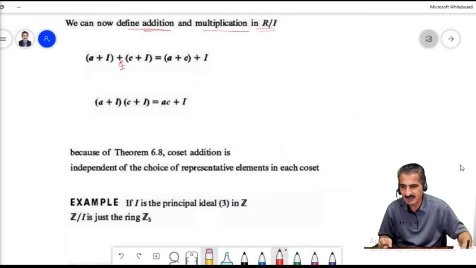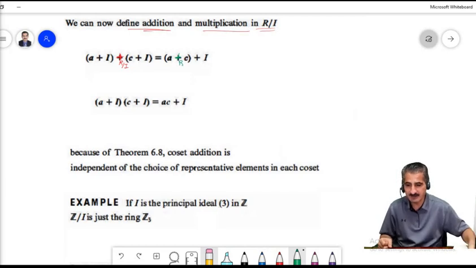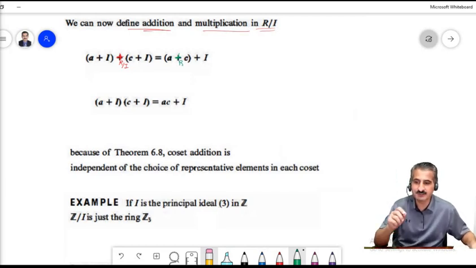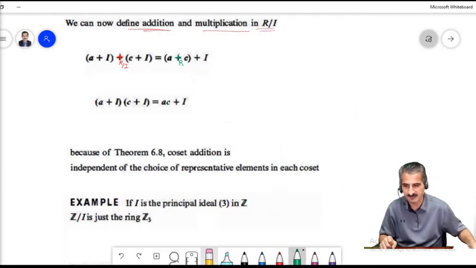This is the addition of the quotient ring R over I. And this addition here is between elements in the ring R. The other addition notations left in black are now just symbols to produce the cosets. And same thing for multiplication here.